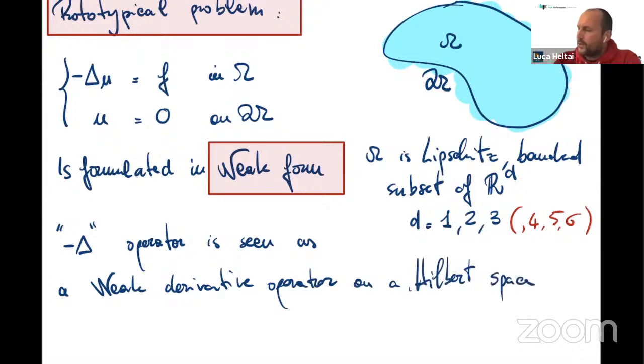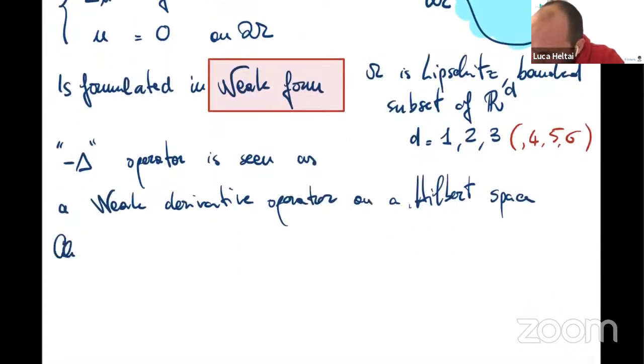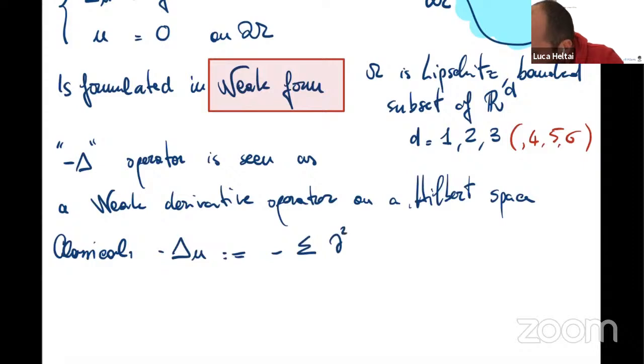Okay, so what we are assuming here is that we replace the definition of the Laplacian as we normally know it. The classical definition would be the following: minus the Laplacian of u is defined as minus the sum of the second derivatives of u with respect to xi, with i going from 1 to d, of the xi square.